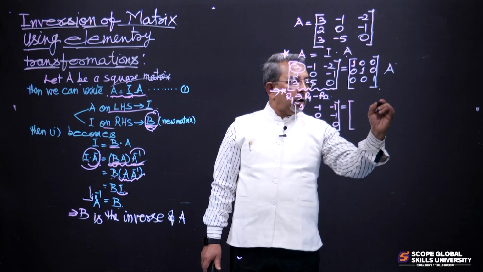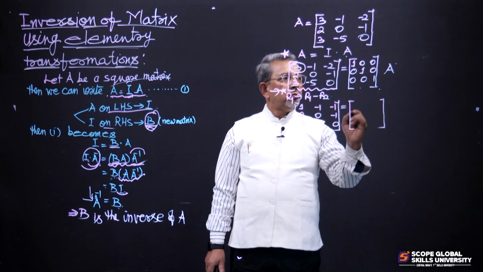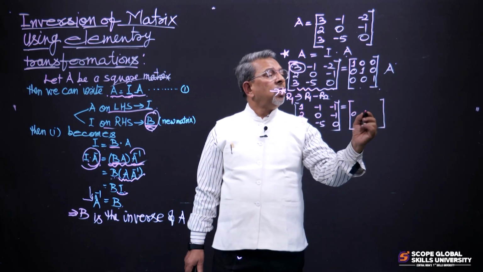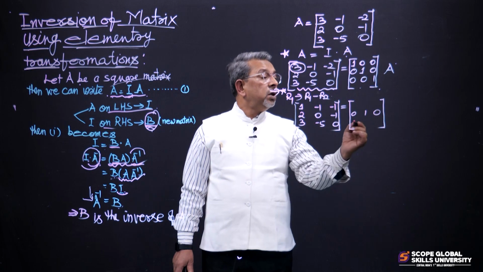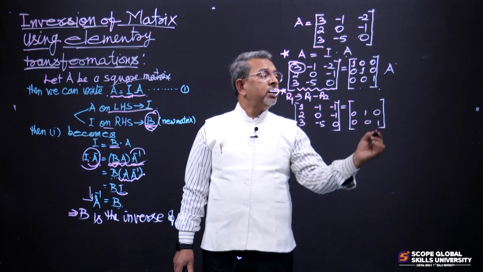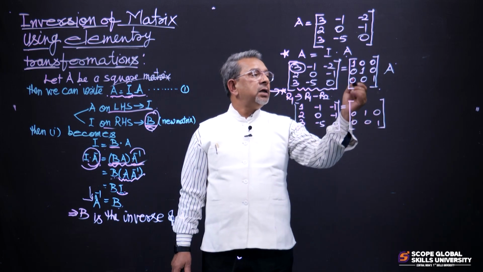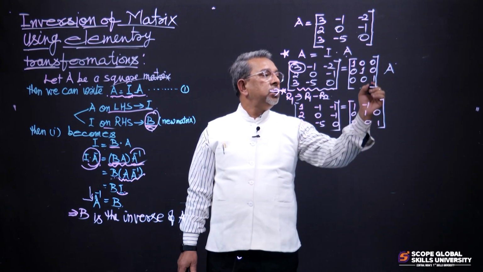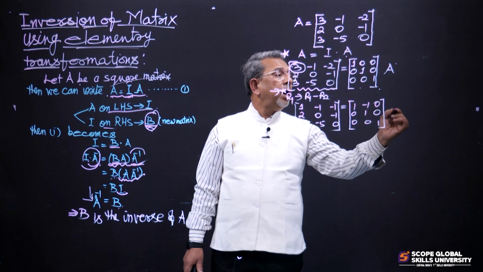Here there is no change in the second row, so I am writing 0 1 0 and 0 0 1, and 1 minus 0 is 1, 0 minus 1 is minus 1, and 0 minus 0 is 0, and A as it is.